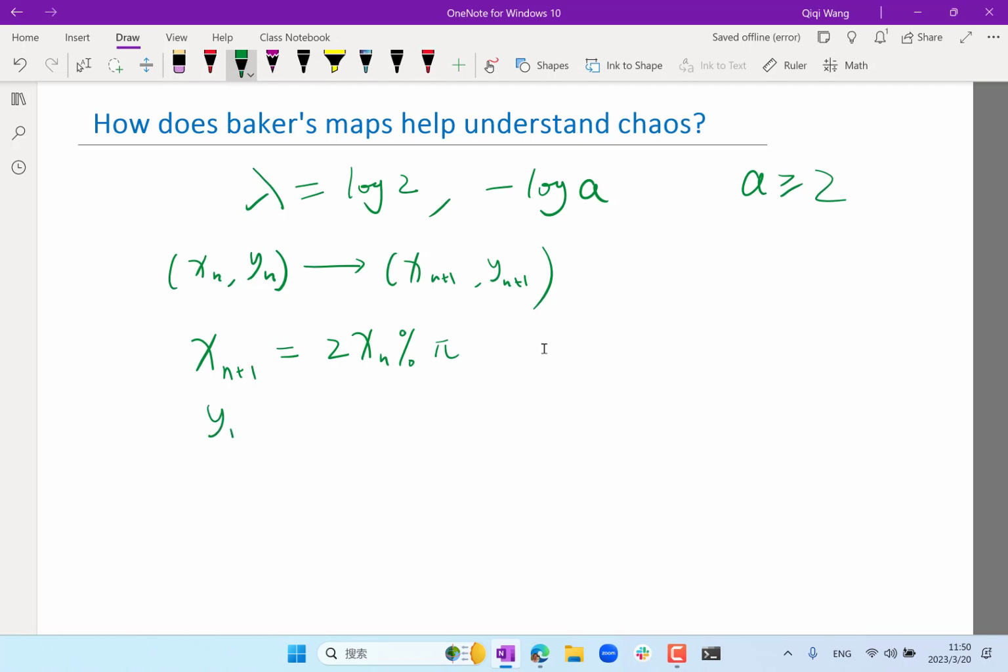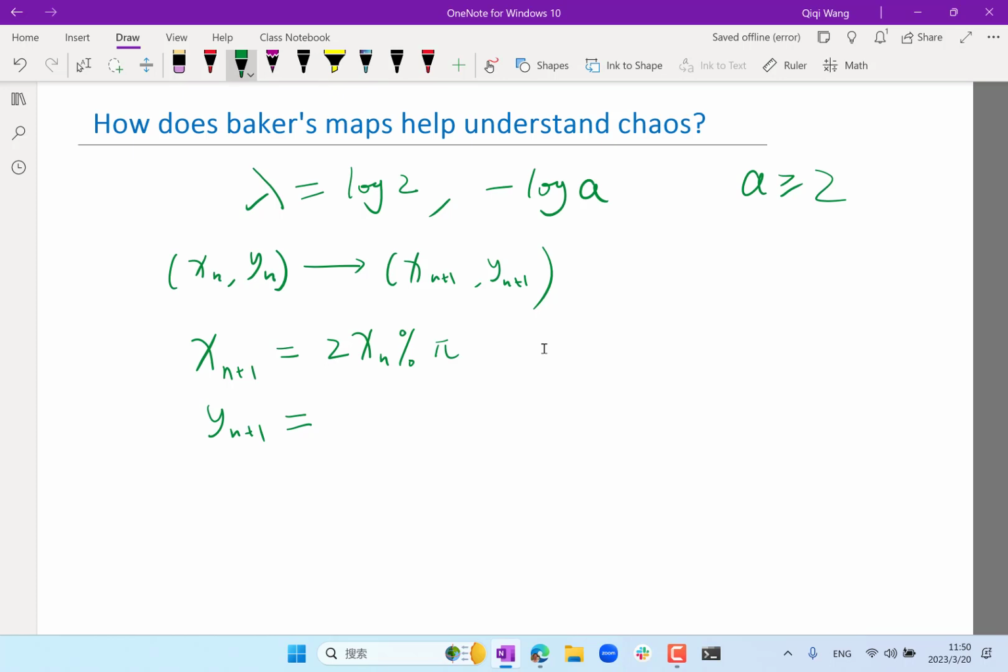But yn plus 1 is going to be trying to capture the forgotten part of the map. So if you divide a number by pi and only capture the modulus, only capture the remainder, which part are you forgetting?